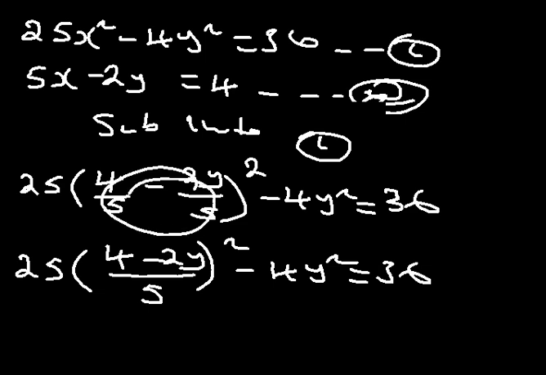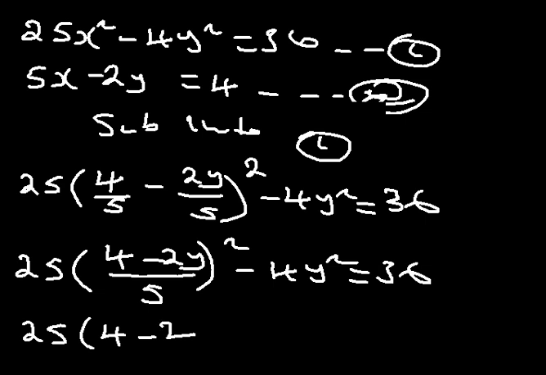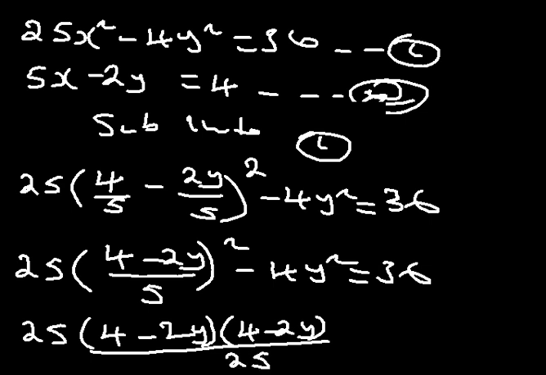Upon having this as a single fraction, this is the same as 25 times (4 minus 2y)(4 minus 2y) over 25, minus 4y squared equal to 36.